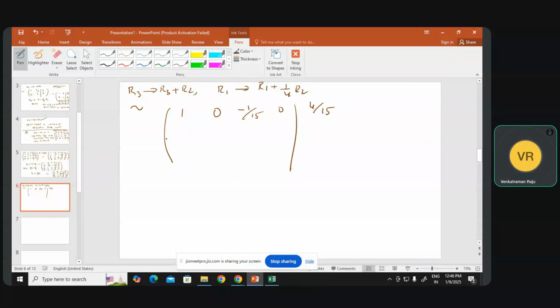R1 goes to R1 plus 1 by 4 R2. Second row is actually as it is. So 0, 1 minus 4 by 15, 0, 1 by 15. Third row I said R3 plus R2.